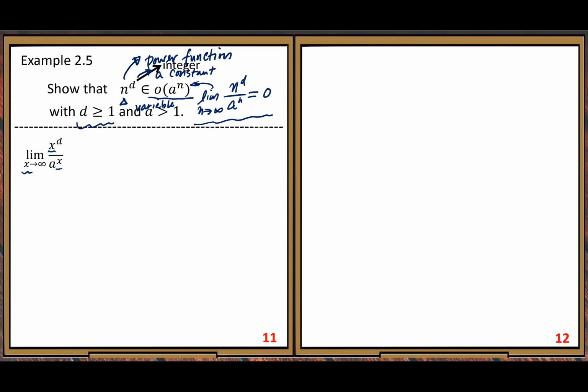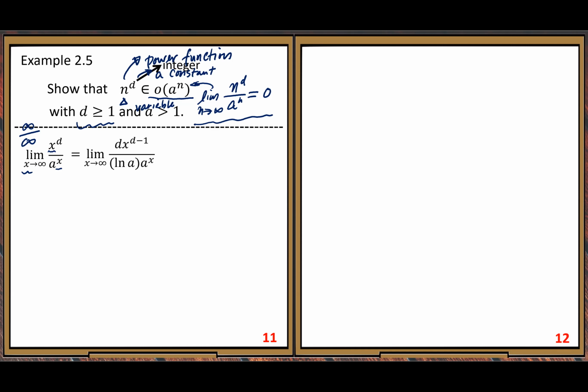Positive integers are discrete variables, and for discrete variables we cannot take derivatives, since there is no definition of derivatives for them. For that reason, I switch to a continuous variable first. Before we apply L'Hopital's rule, we can see it is an infinity over infinity indeterminate form, because the numerator goes to infinity and the denominator also goes to infinity.